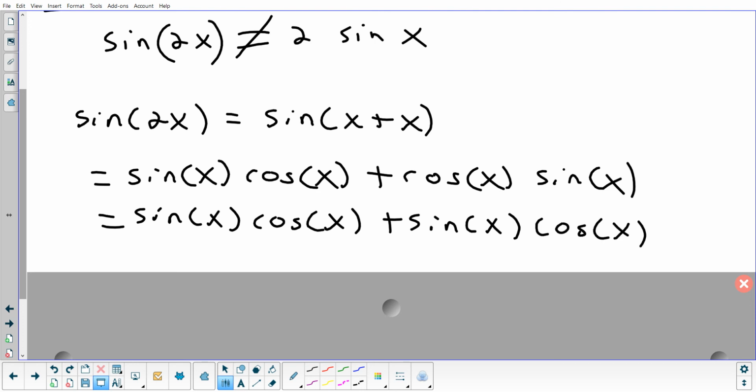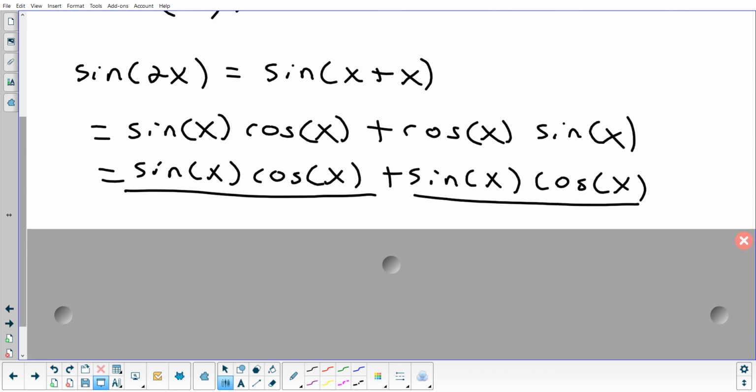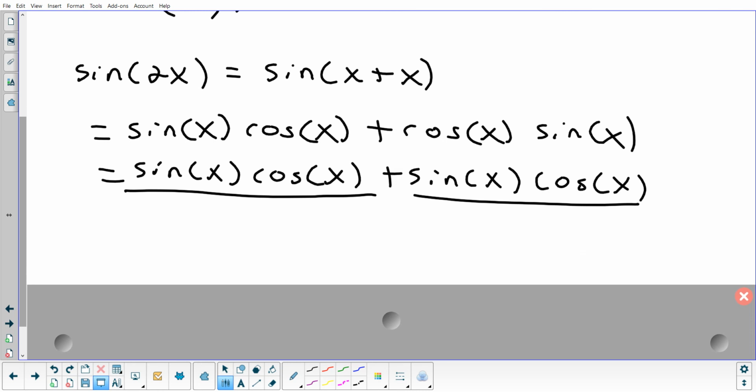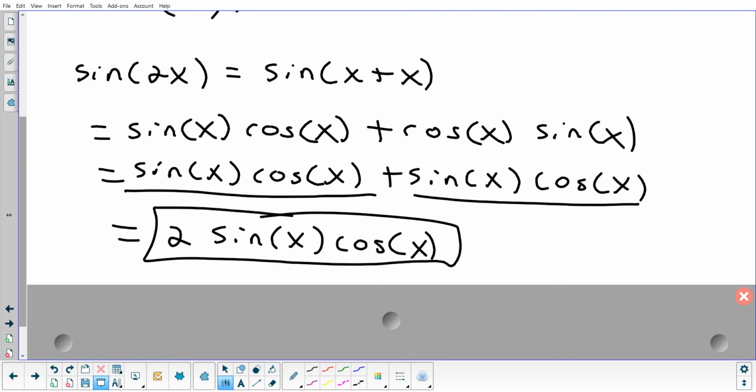What do you notice about this term and that term? Yeah. They're the exact same. They're the exact same thing. So how many of them do we have? 2. 2 of them. So this equals 2 of the sine cosine terms.